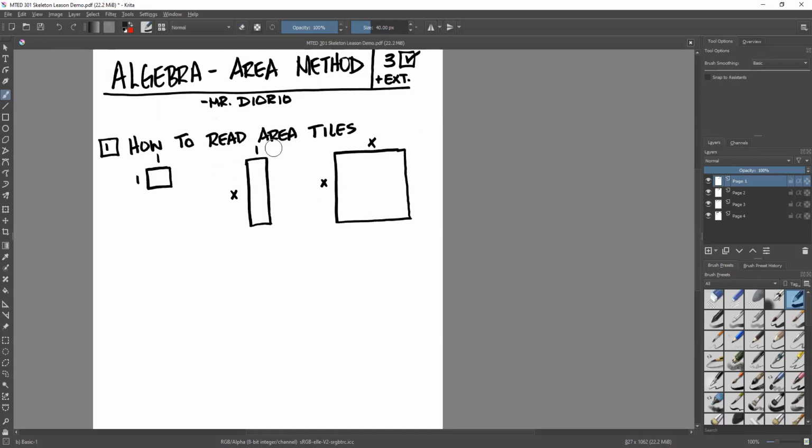Since we're looking at area, the area of this one would be 1. The area of the second one would be x. And the area of the third would be x squared, because you have your length times width.